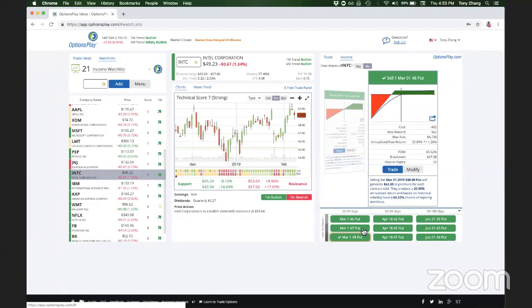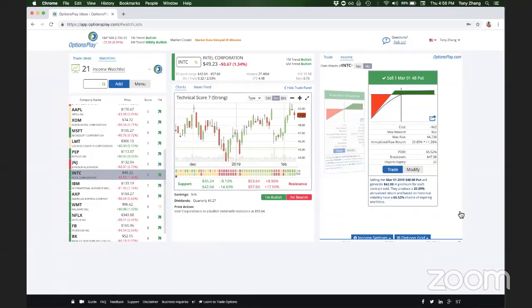So you have a more limited universe to choose from, instead of having to pick from the whole option chain, which sometimes can be a little overwhelming. And that's really designed to help you navigate these. So if you want to change the expiration date, if you want to change the strike prices, you can do so without having to go through that full option chain.